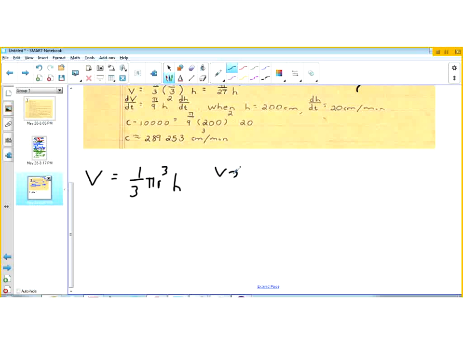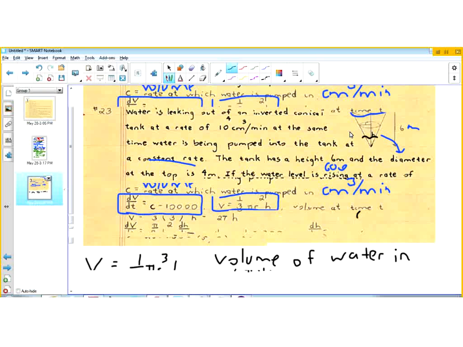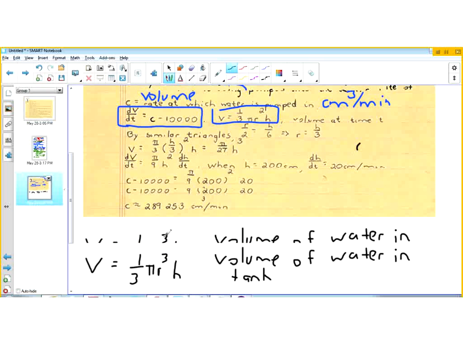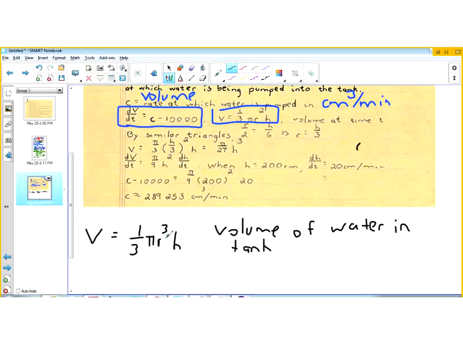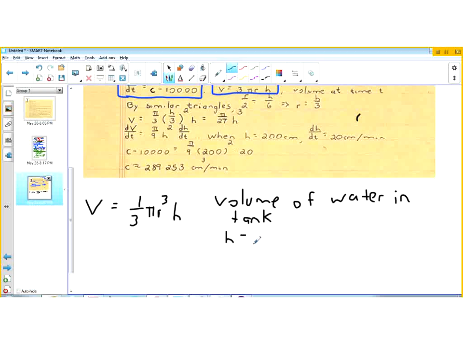Okay, and this can be considered the volume of the amount of water. So volume of water in the tank. The water starts filling at certain levels, and so the volume would be expressed in terms of the radius and the height of the water. So h, of course, is the height of the water, and r would be the cross section of the water surface.